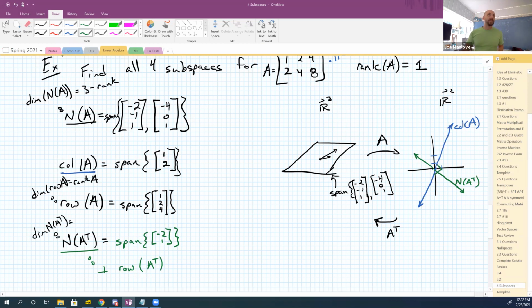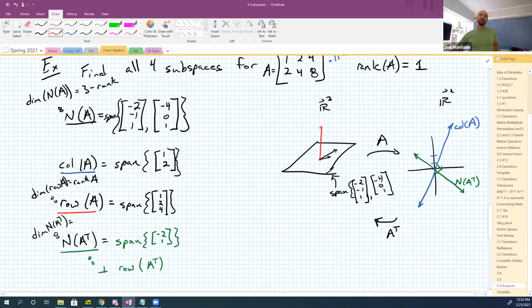Where's the row space in this picture? I don't have that drawn. What do I know about the row space? It's got to be perpendicular to what? To the null space. Perfect. It's perpendicular to the null space.